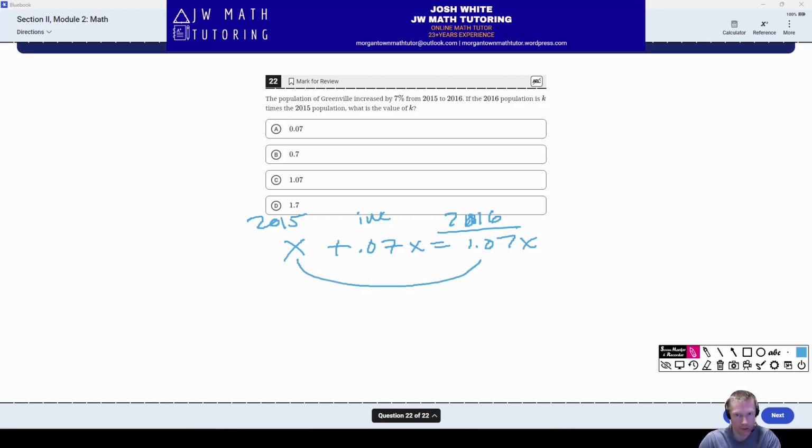So now if you compare these two, the 2016 population equals k, I forgot the x here, sorry, times the 2015 population. So notice k just equals 1.07. Okay? So that's one way. That's basically the theoretical explanation behind it.